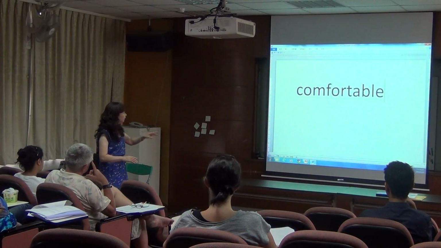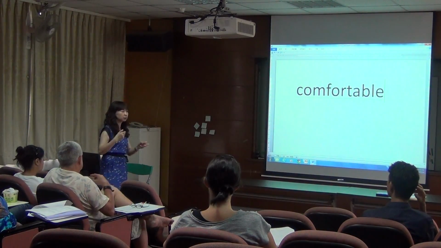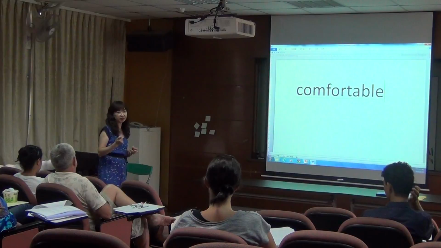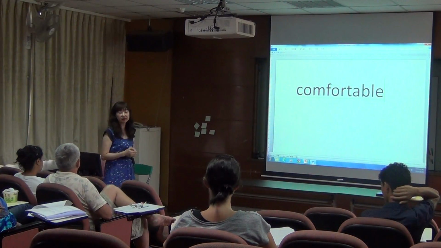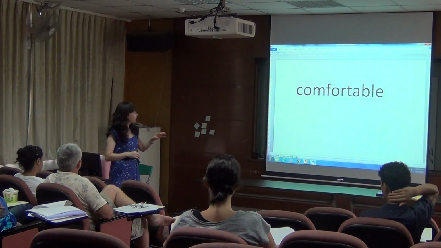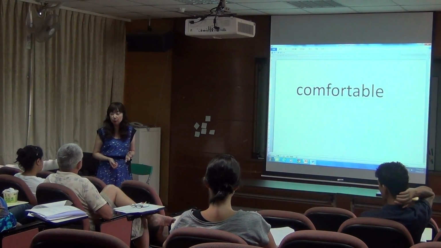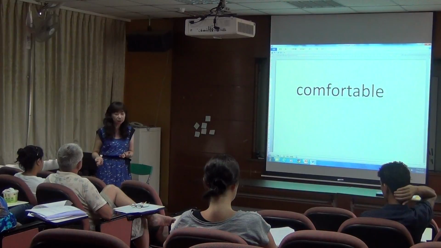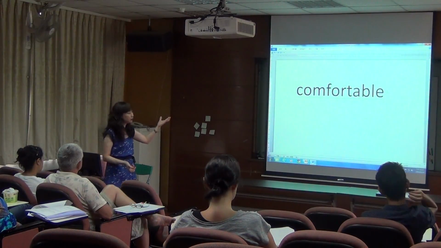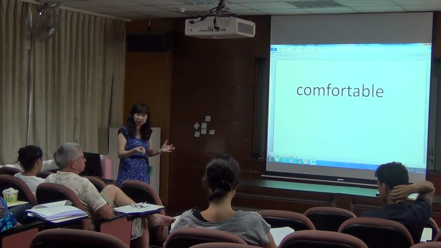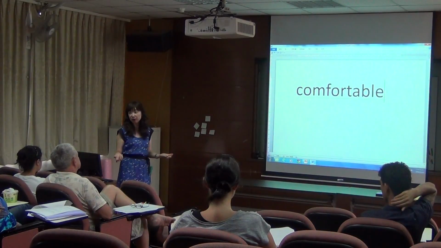Okay, so they will try to pull what they have learned. Because we tell kids that I cannot teach you every word in English. When you encounter a new word, what do you need to do? You need to try to use your phonics rules and then try to sound it out. Okay? And how do you know it's correct?